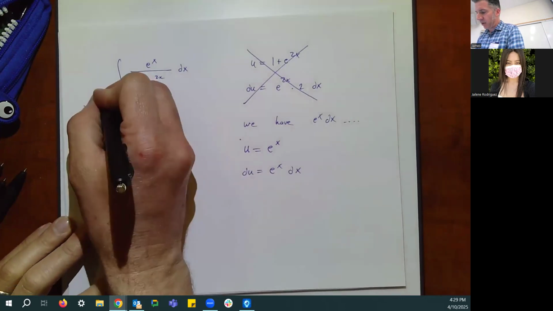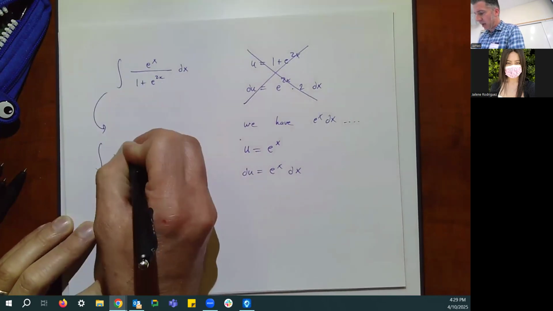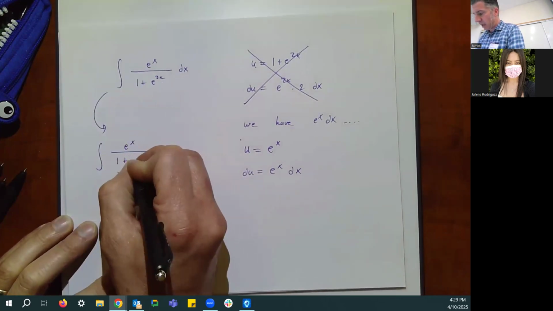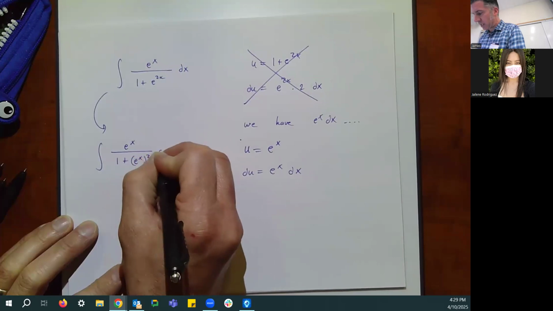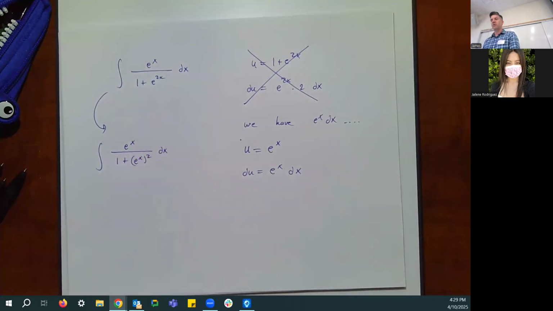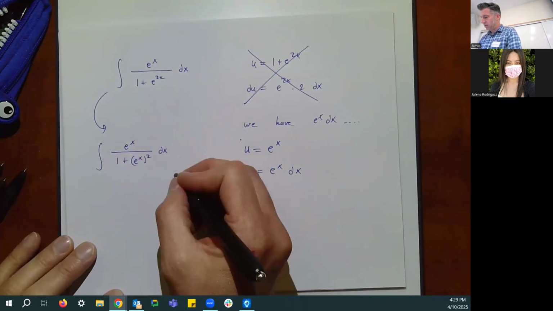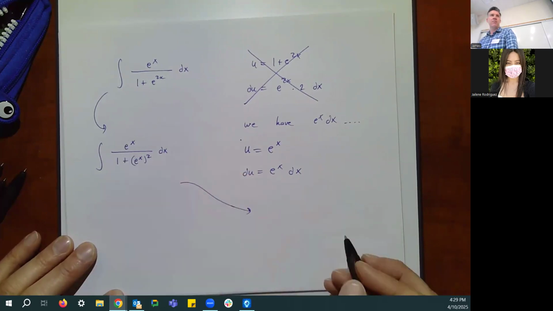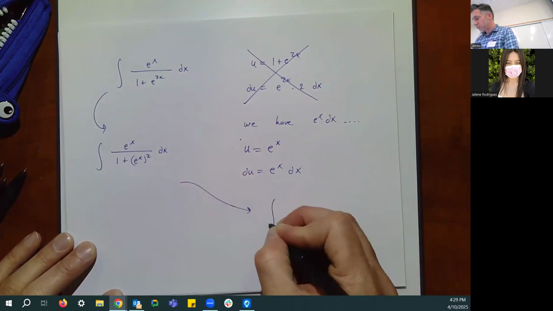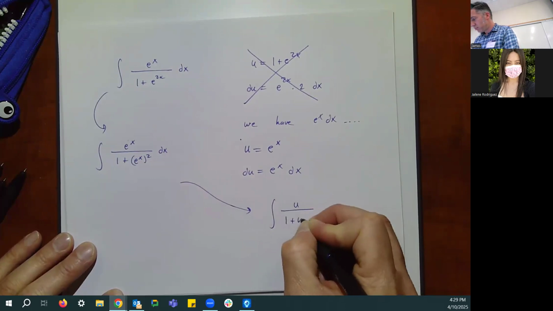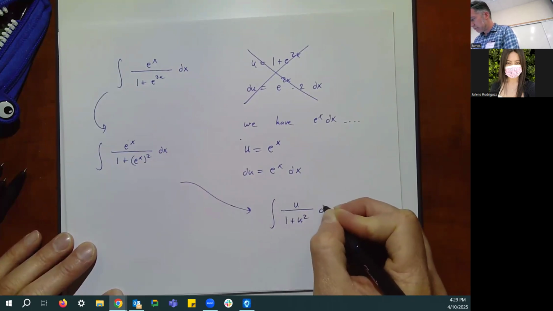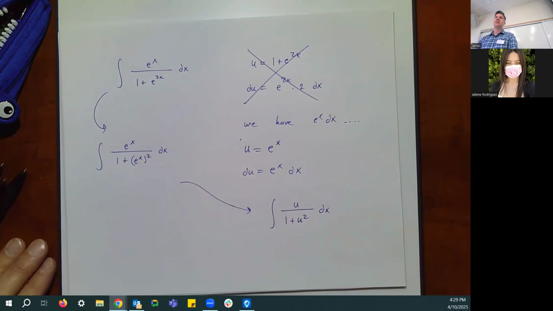I'm going to write the integral of e to the x over 1 plus e to the x squared times dx. And here's how to do this the wrong way. Don't write this down. All my e to the x's become u. This is wrong. Oh no, I didn't deal with the dx turning into du. I can't do the integral.